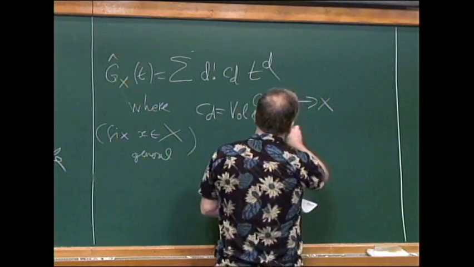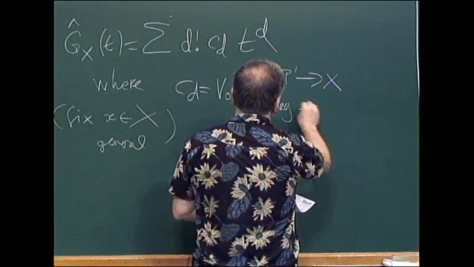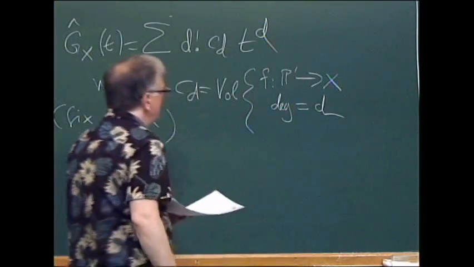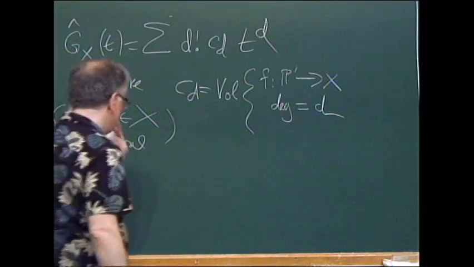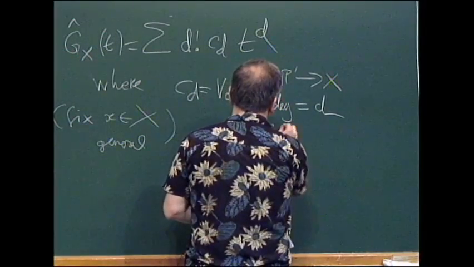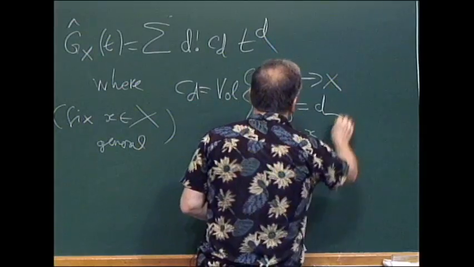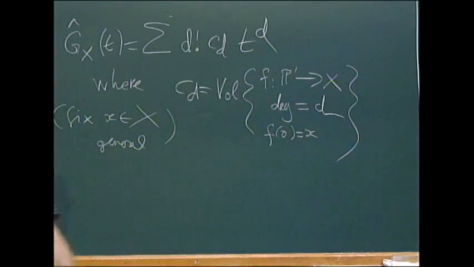Maps P1 to X of degree D such that f of 0 equals little x. Okay, so that's the object of study on the Fano side.